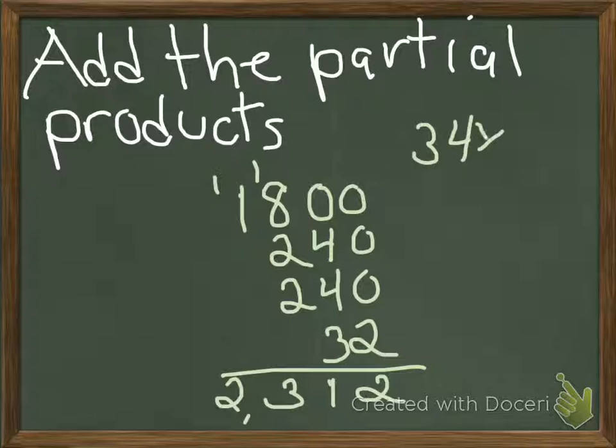So the product for 34 times 68 is 2,312.